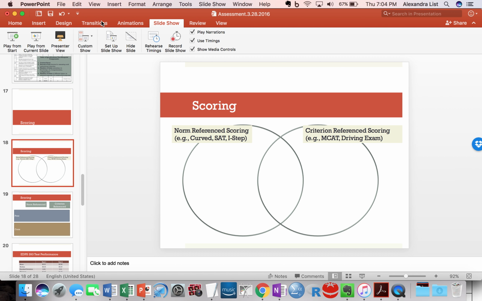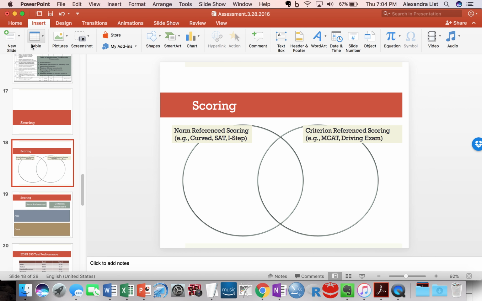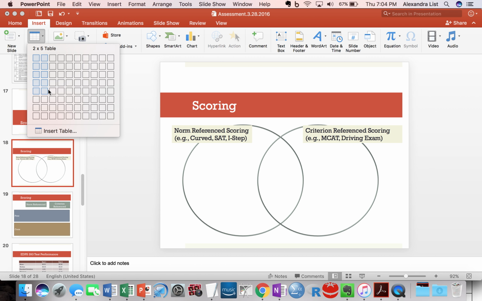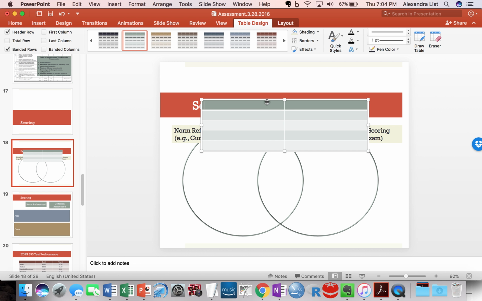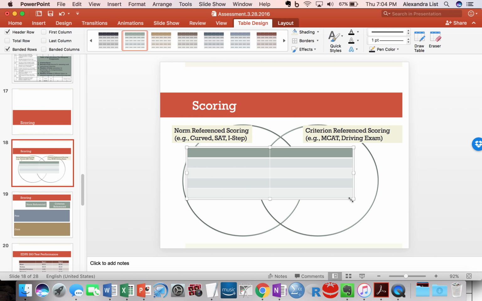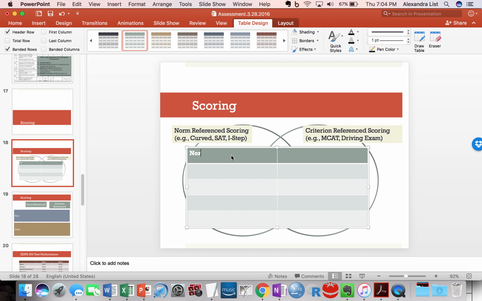Sticking with those examples, we can think about what really differentiates norm referenced from criterion referenced scoring. Let me insert my table so I can compare and contrast more easily. At the most basic level, it's how students' performance is compared or evaluated.